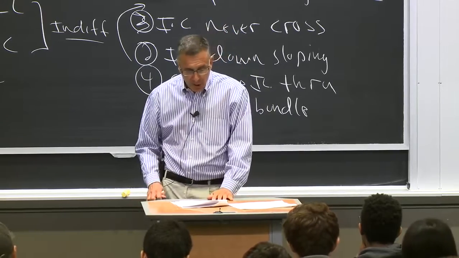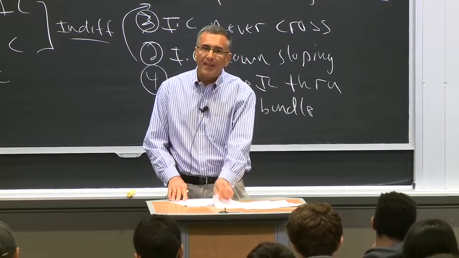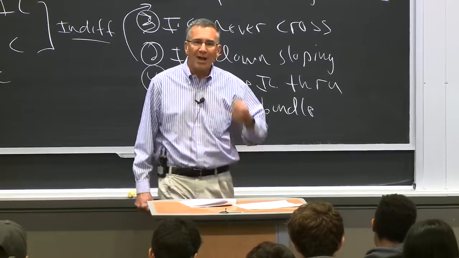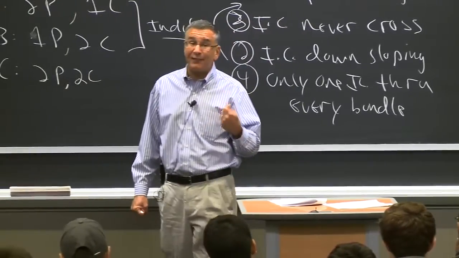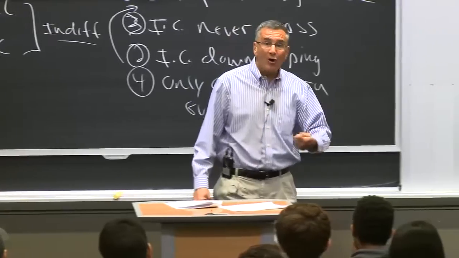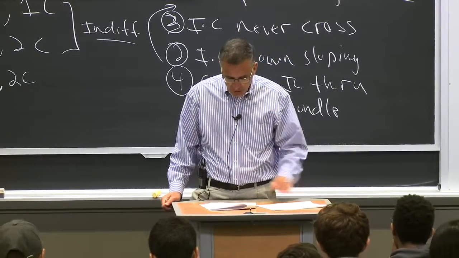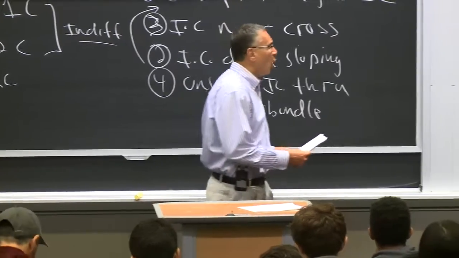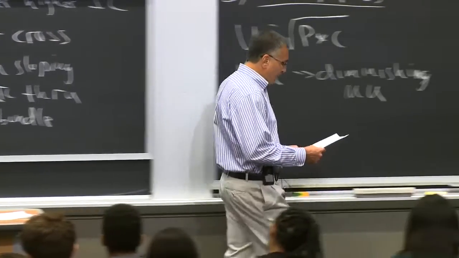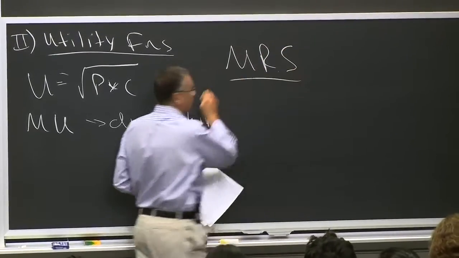Good questions. All right. So now let's flip back from the math to the graphics and talk about where indifference curves come from. I just drew them out. But in fact, indifference curves are the graphical representation of what comes out of your utility function. And indeed, the slope of the indifference curve, we're going to call the marginal rate of substitution.